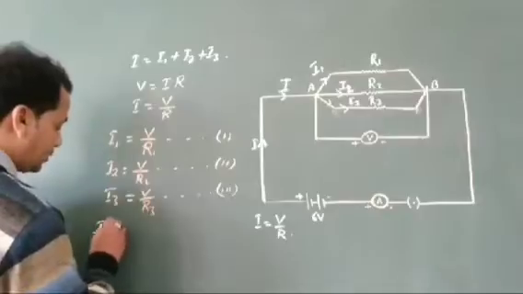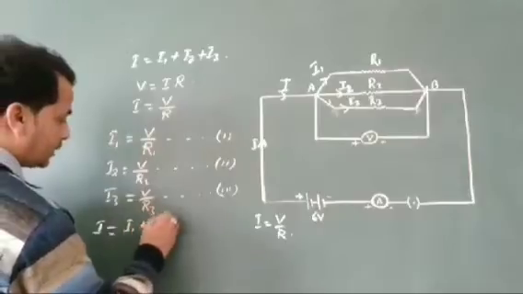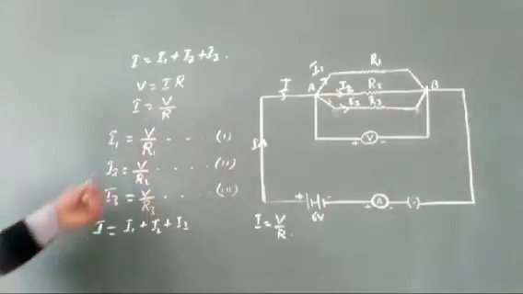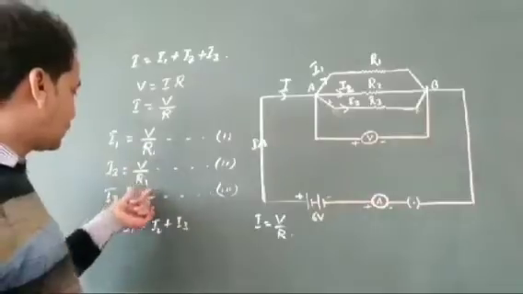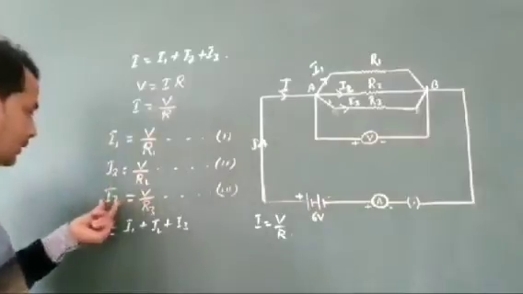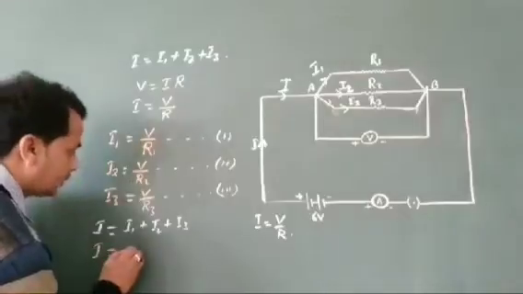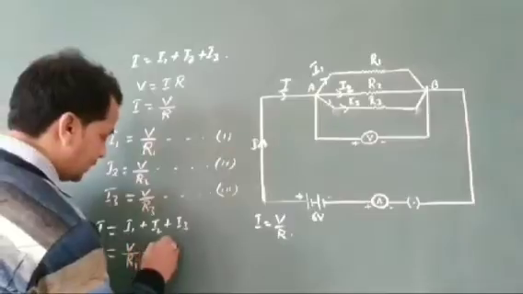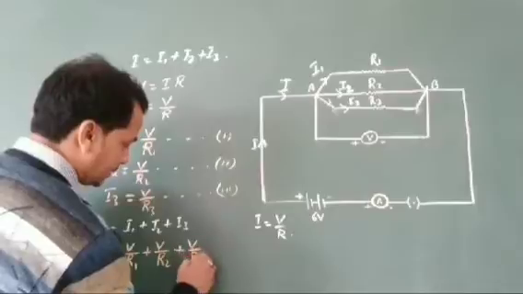From the equations, I1 equals V by R1, I2 equals V by R2 and I3 equals V by R3. So put the values of I1, I2 and I3 here, then the result will be V by R1 plus V by R2 plus V by R3.